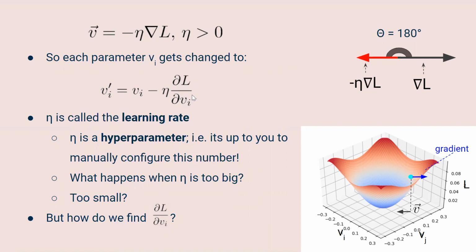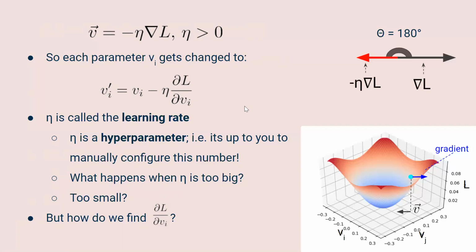Here I'm just taking a specific element in our gradient vector that corresponds to parameter i. So it's basically the same thing as before, just a small component of it. And this is basically our update rule. This is how we're updating our parameters, for either your weight or your bias.